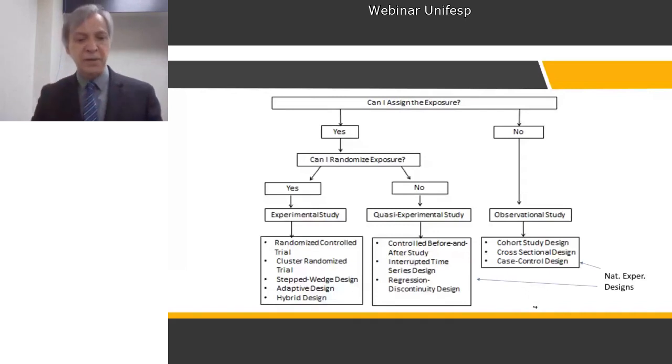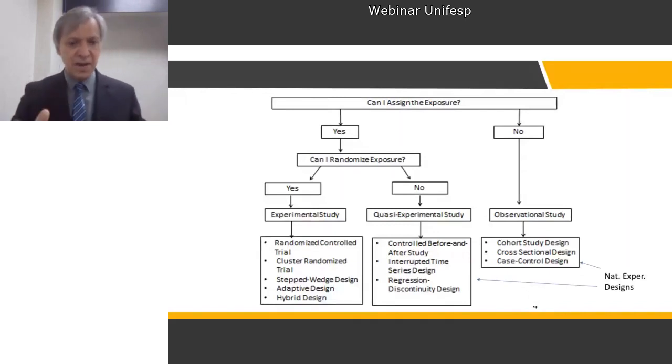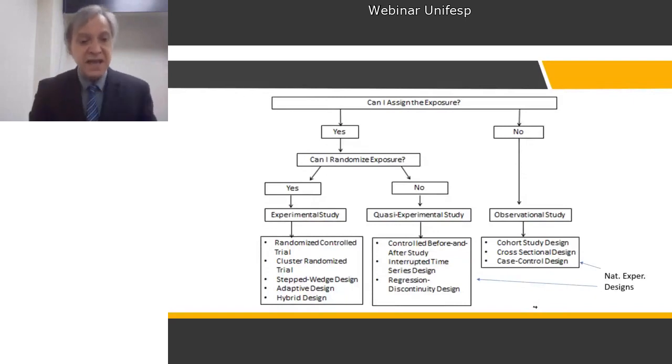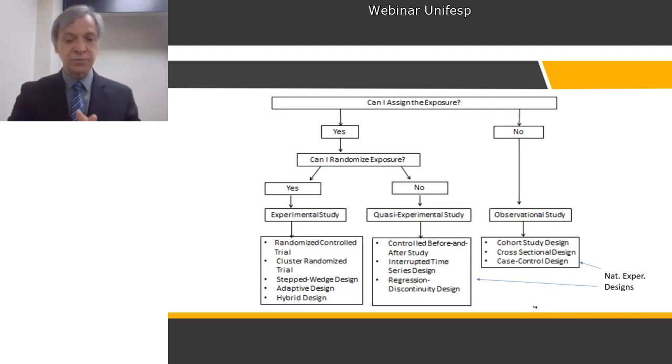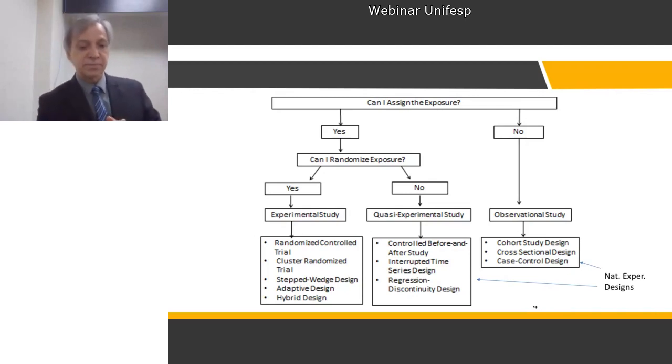I'll have some word about it at some point, maybe right now, but let's finish just going through the three. So once you say, yes, I can randomize, then I have an experimental study. I have an experiment, okay? I am Dr. Crazy. I can throw a person to the intervention group, another person to another group that has no intervention. I control.